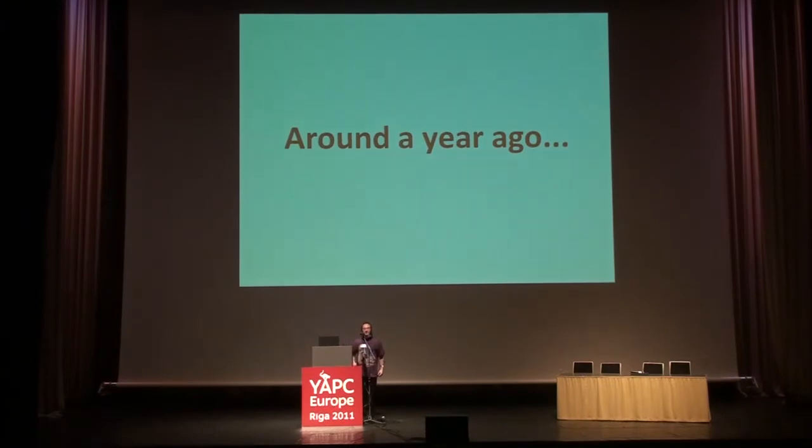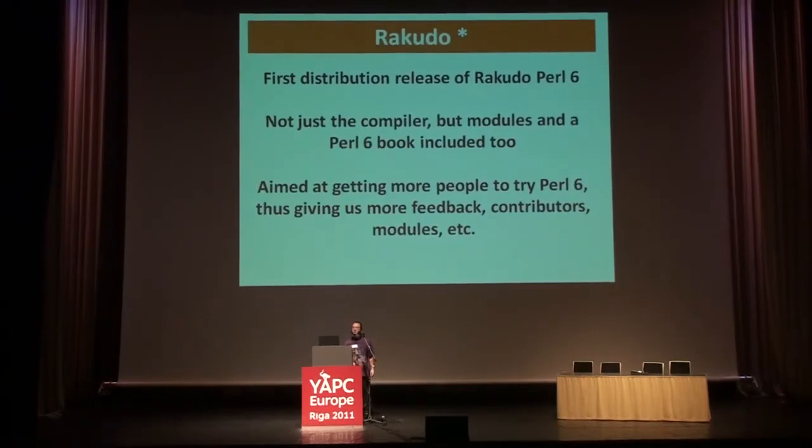So I want to talk about quite a few things today, so I best get a move on. Around a year ago, we were here at YAPC, and we were all talking about this thing called Rakudo Star. So the idea was that rather than just putting out these monthly compiler releases, which are very much developer, compiler hacker focused, we decided we wanted to start putting together something more useful and usable.